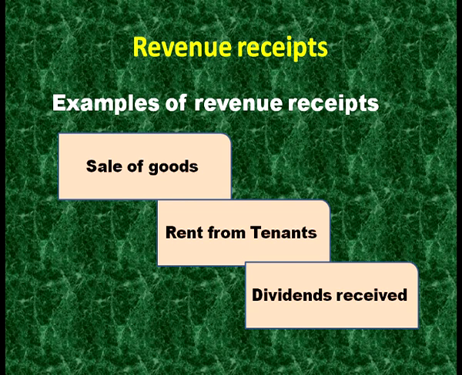For example, if you have rented your business office to someone and he is giving you rent, that rent from the tenant is also a revenue receipt. Same way, if you have some extra money which you have invested in the shares and debentures of other companies, the dividends you receive from the shares and the interest you receive from the debentures all become examples of revenue receipts.